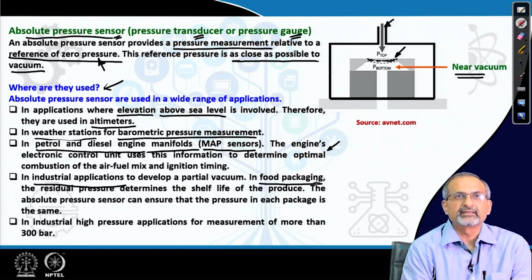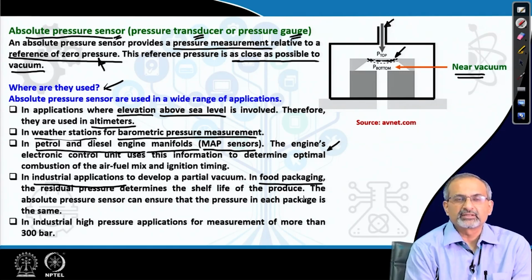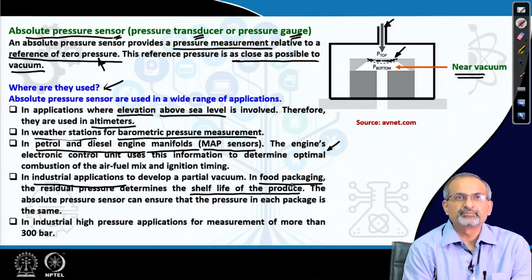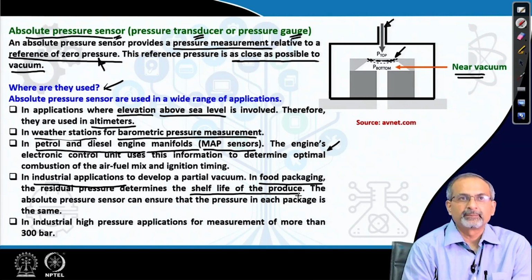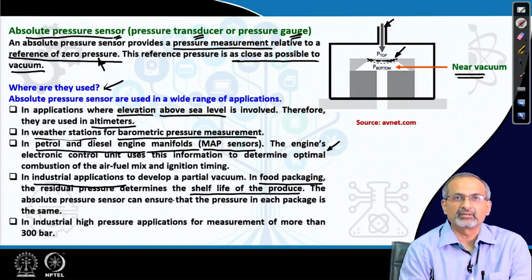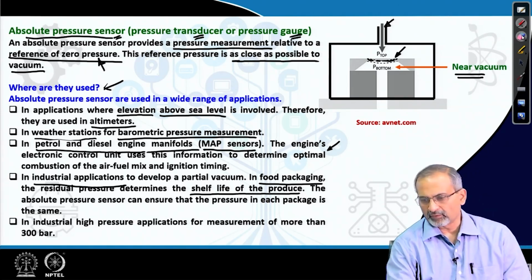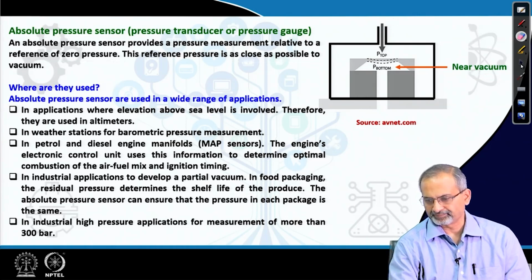In food packaging industry, to find out residual pressure, to determine the shelf life of the food produce, and the absolute pressure sensor can ensure that the pressure in each package is identically maintained, so that the quality of the food even after long storage would not deteriorate. In industrial applications, they can be used for measurement of very high pressures of the order of few hundred bars. So, there are a wide range of applications.